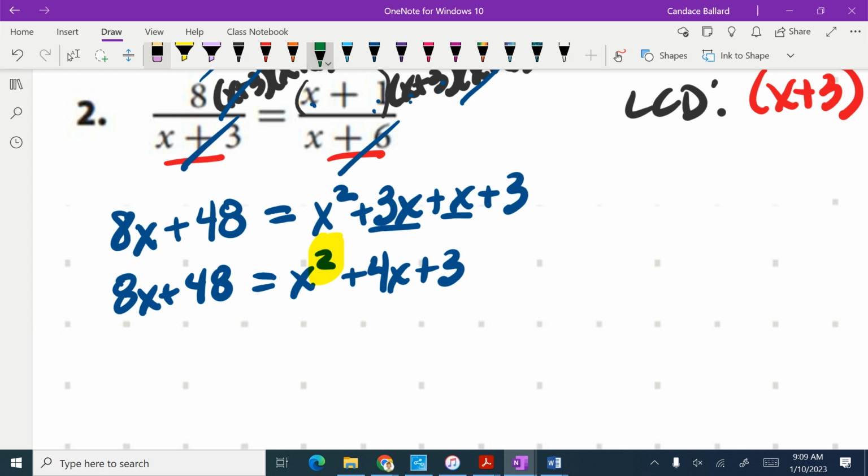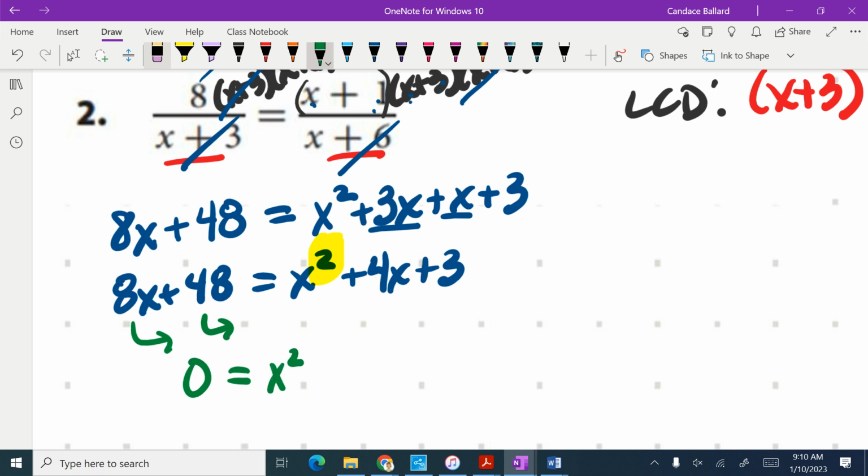But I could take these two things and move them to the right, and I still have an equivalent equation, okay? And I don't have the leading coefficient. So I'm going to move everything to the right this time and make a 0 on the left. And it doesn't matter where that 0 goes, okay? It just has to be equal to 0 somewhere.